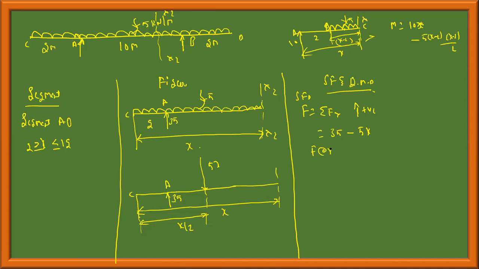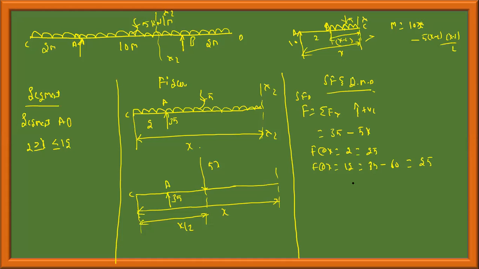F at x is equal to 2, which is 35 minus 10, which is equal to 25. F at x is equal to 12, which is 35 minus 60, which will be equal to minus 25. Right? Again, F at x is equal to 2, 35 minus 10, this is 25. F at x is equal to 12, 12 into 5 is 60, 35 minus 60 is minus 25.